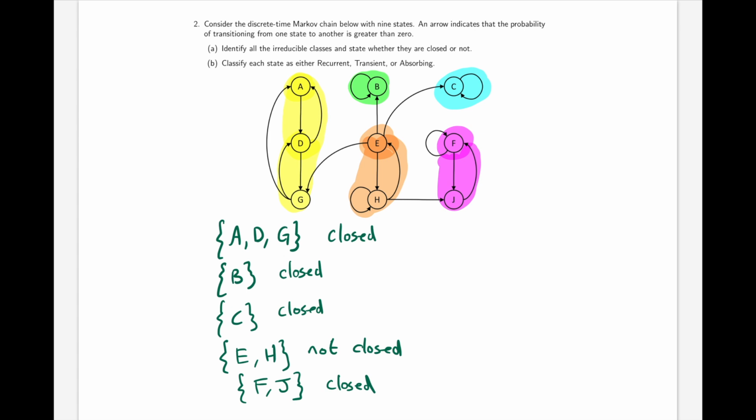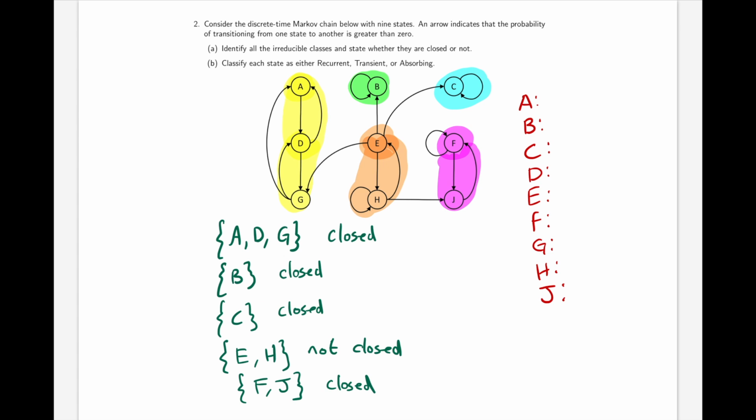A recurrent state is one that belongs to an irreducible class that is closed and has more than one state in its irreducible class. And an absorbing state is a state that belongs to its own irreducible class that is closed. So we can go through each state and classify them as either recurrent, transient, or absorbing.